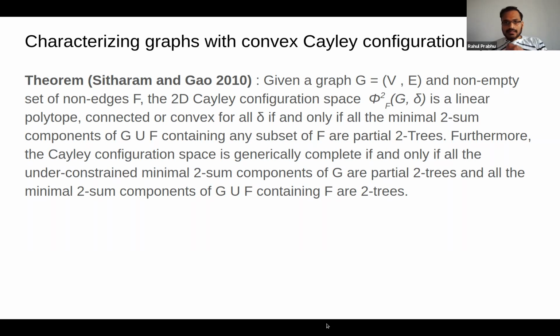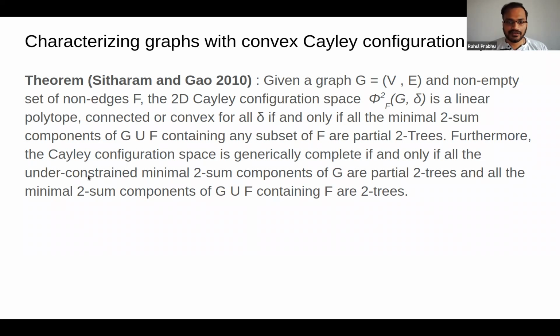So this theorem here is extending that previous result a little bit. It says that given a graph and a non-empty set of non-edges, the 2D Cayley configuration space is a linear polytope, connected or convex for all edge length assignments delta, if and only if all minimal two-sum components of G union F containing any subset of F are partial two trees.